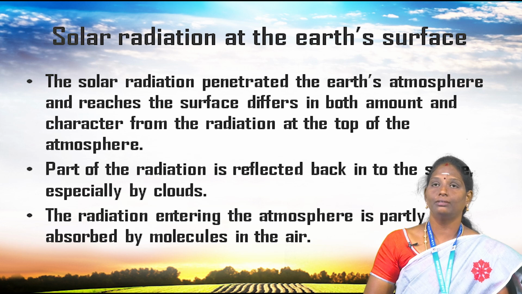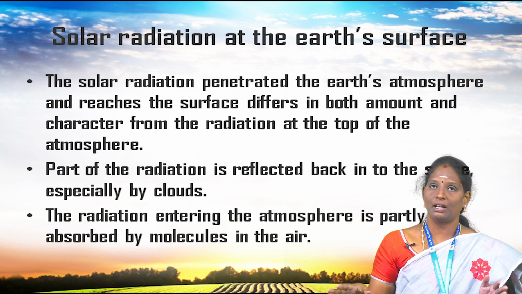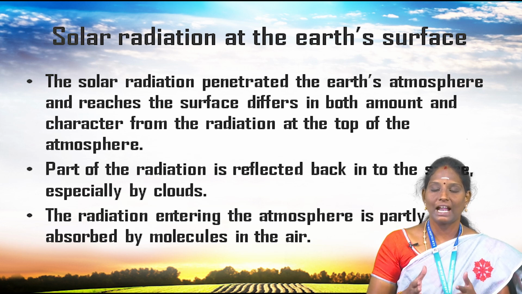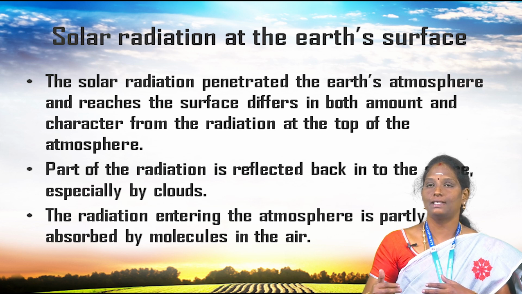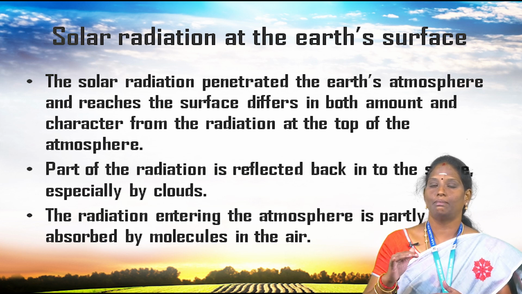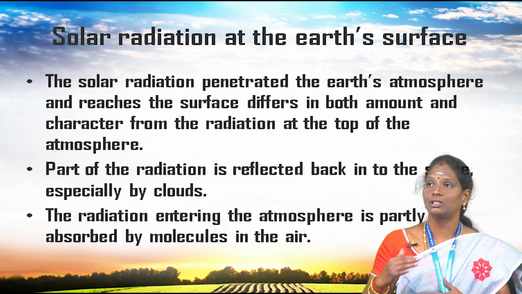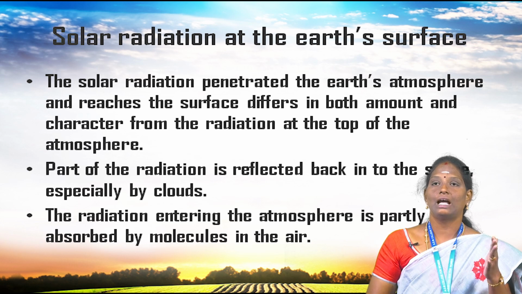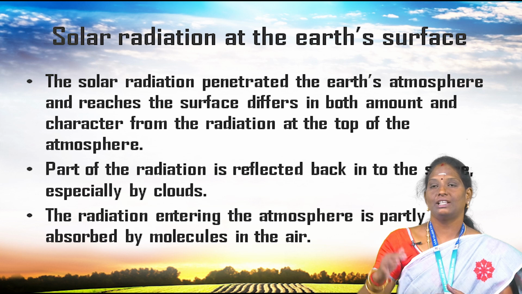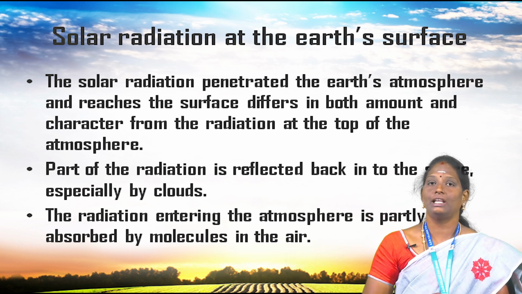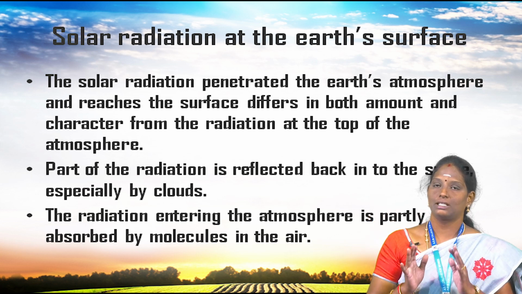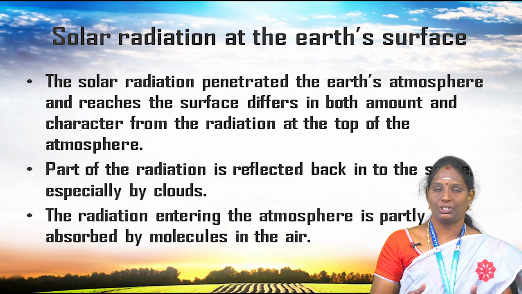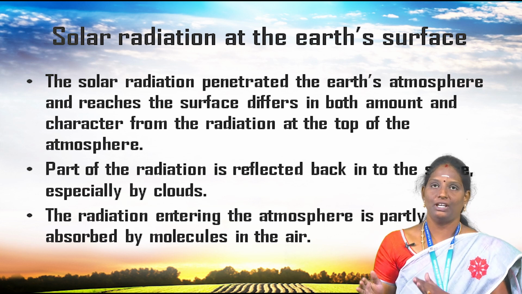In addition, part of the solar radiation is scattered by droplets in clouds, by atmospheric molecules and by dust particles. Solar radiation that has not been absorbed or scattered and reaches the ground directly from the sun is called direct radiation or beam radiation.